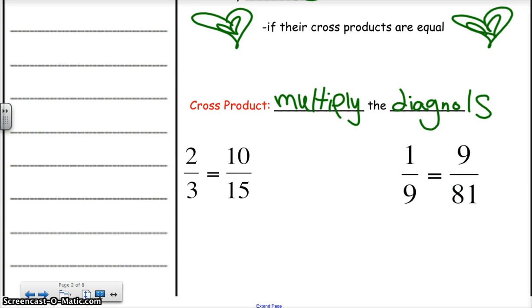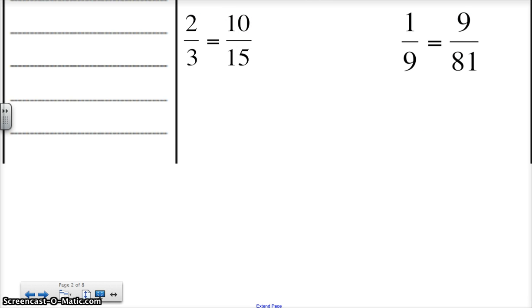So for example, looking at 2/3, is that proportionate to 10/15? Are they a proportion? Most of us can say yes, because you know that you multiply these two by 5 to get that other fraction. But we're going to use the cross product way.